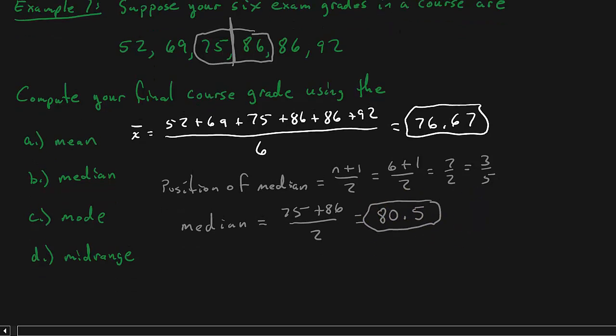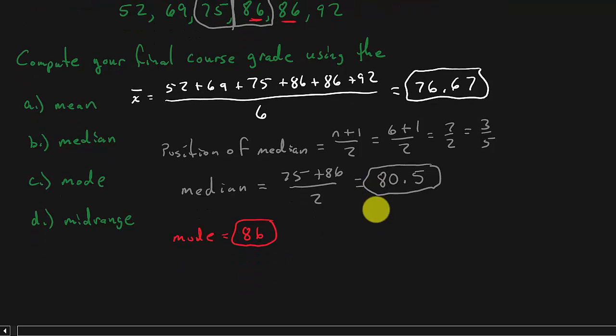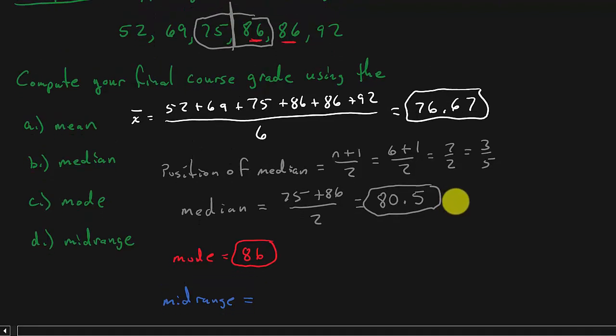And then the mode, so the mode, that is the value that appears most often. And we can see here that's 86. So there's your mode. And then we've got the mid-range. That is the lowest data value plus the highest data value. So the lowest plus the highest.